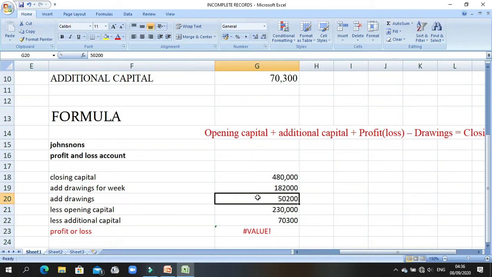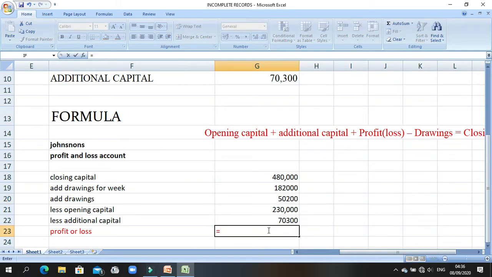That means it is equal to like this, and also you have to add, and also you have to subtract opening capital, which is equal to 1,030, and also we subtract additional capital to get profit and loss.